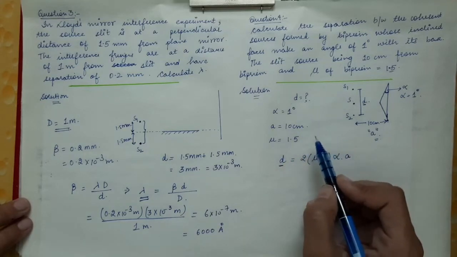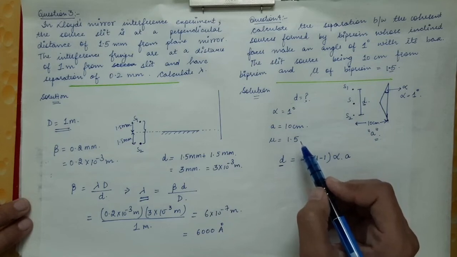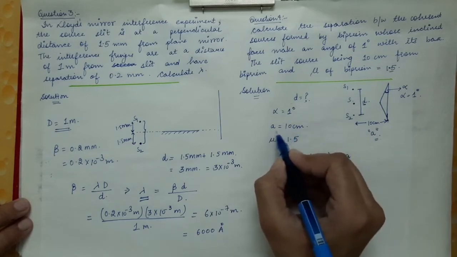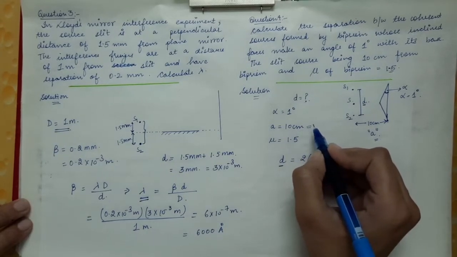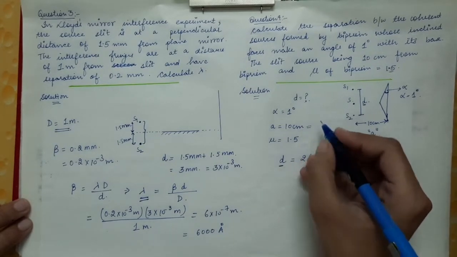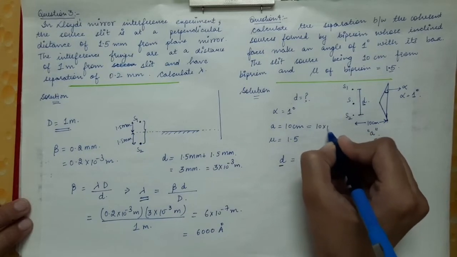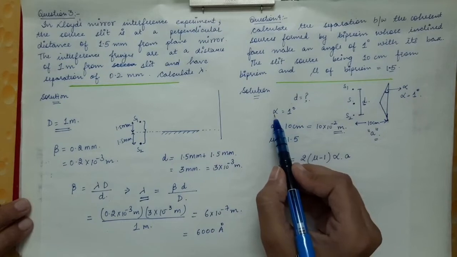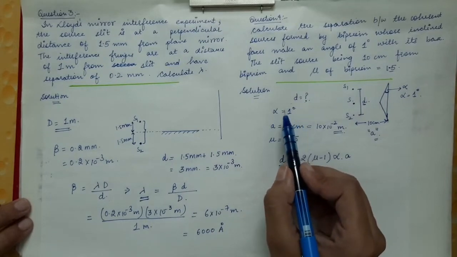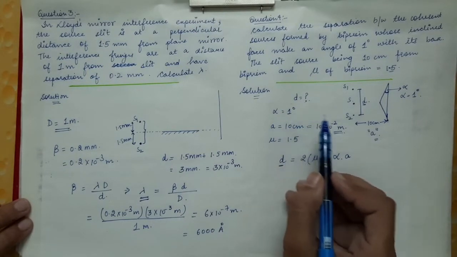Over here we will convert every term into the SI unit system. Now a is equal to 10 centimeter. 1 centimeter is equal to 10 power minus 2 meters, so 10 into 10 power minus 2 meters. Now we are given the angle in degrees, so we have to convert the angle into radians.